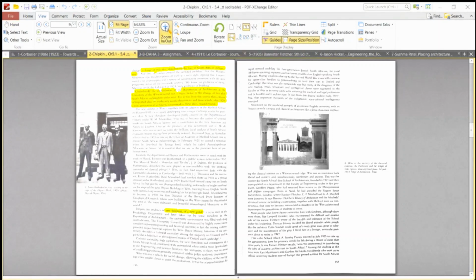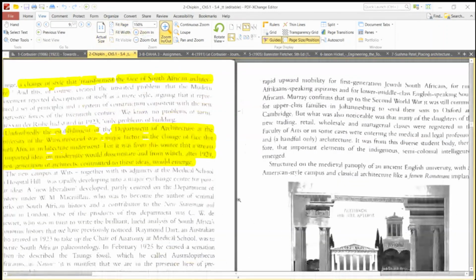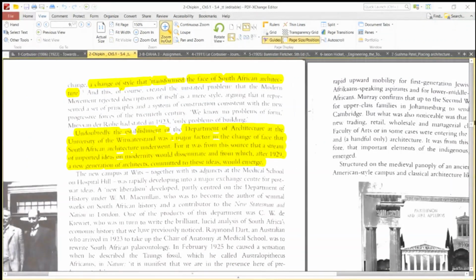Okay, let's just read a few sentences from Chipkin. "That modernism was a change of style that transformed the face of South African architecture.